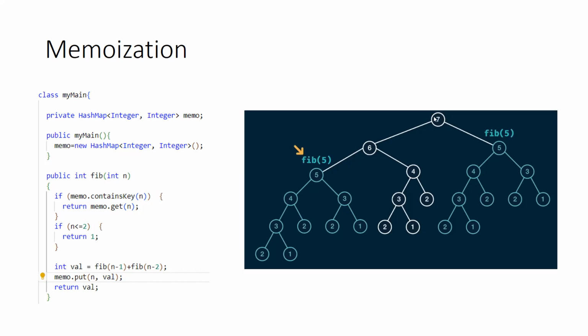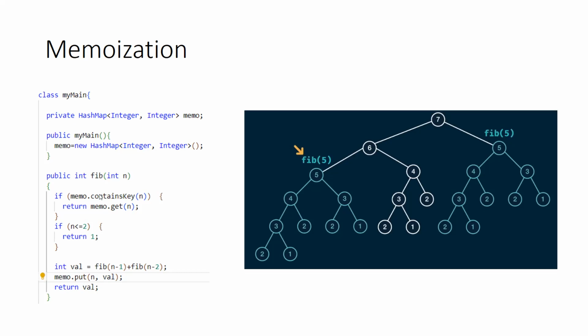And so what we will do is, if we don't have any record of that nth number, once we calculate the Fibonacci value at that number, we are going to put that Fibonacci number in our hash table. Okay.